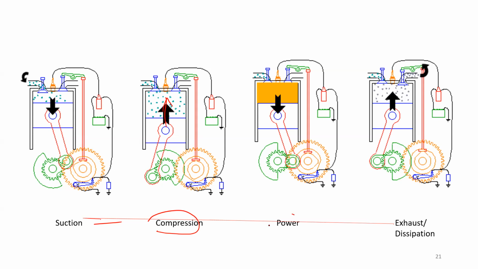The third one is the power stroke. When the piston gets near the top of the cylinder, the spark plug will ignite the air and fuel mixture, which forces the piston downward. The last one is exhaust.